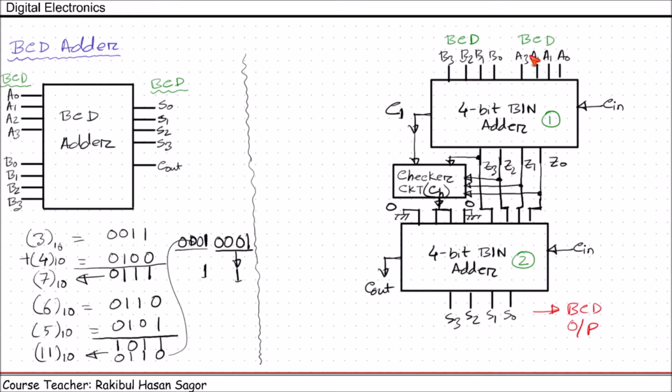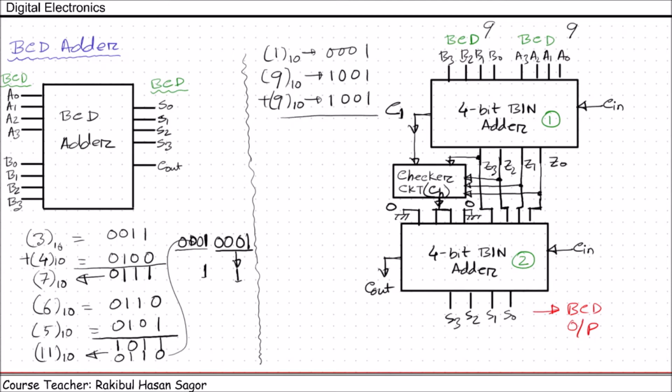As we are saying that the inputs are BCD, the maximum value here will be 9 and the maximum value here will be 9. That means the maximum value that will appear in both A and B will be 9 plus 9, and we may have one carry from the previous addition. So the maximum value in the first 4-bit binary adder will be 9 plus 9 in decimal and one carry from the previous addition, which is 1 0 0 1, 1 0 0 1, and 0 0 0 1.